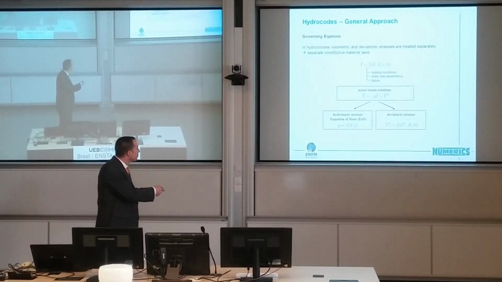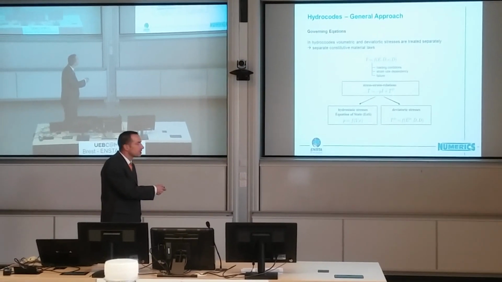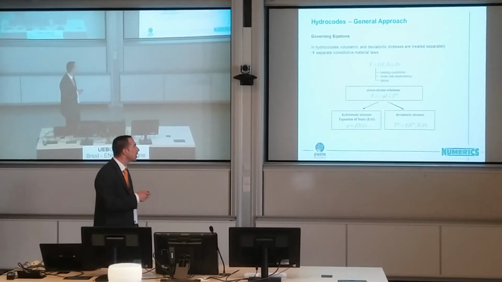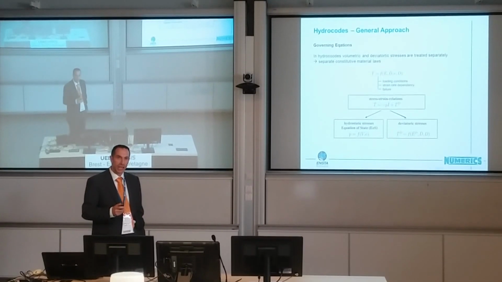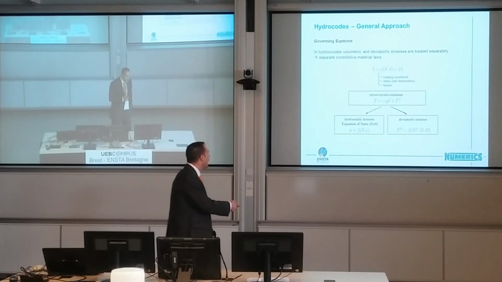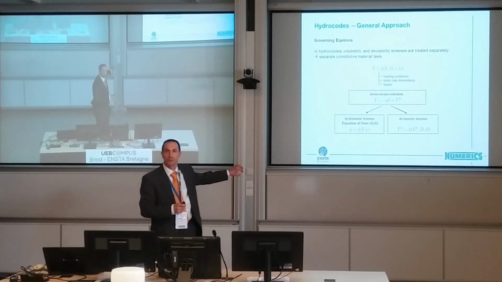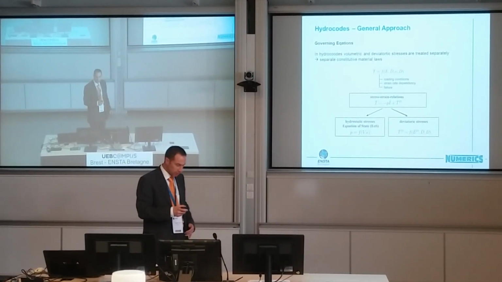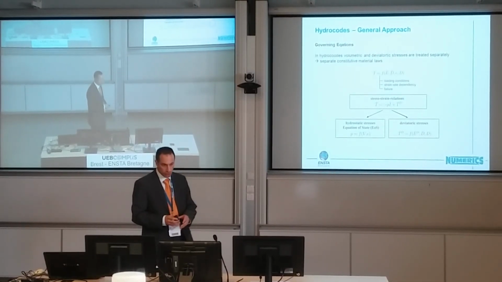So in hydrocodes, the complete stress tensor is split into the volumetric, the pressure part, and the deviatoric part, deviatoric stresses. And we have the constitutive relations for these two parts. So, for the volumetric part, we have the so-called equation of state, usually pressure as a function of volume and energy. And the deviatoric part, pressure subtracted from the complete stress tensor. What is left is the deviatoric stress tensor, and we have a constitutive description for these deviatoric stresses.